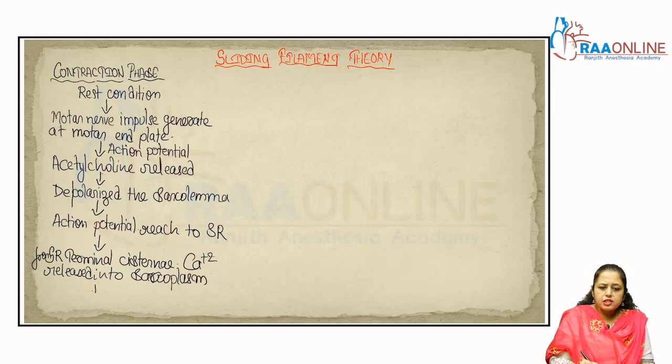In the sarcoplasm, a number of inactive substances are there. After reaching that calcium ion, they get activated. So the calcium ion in the sarcoplasm is bound with the troponin.